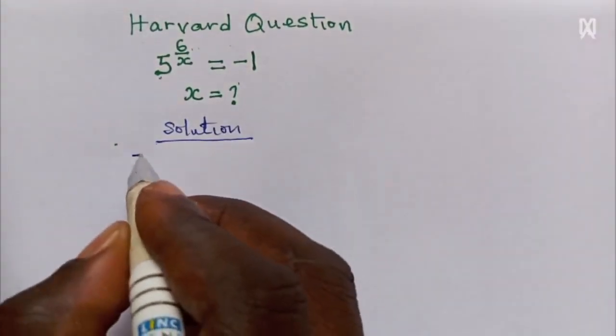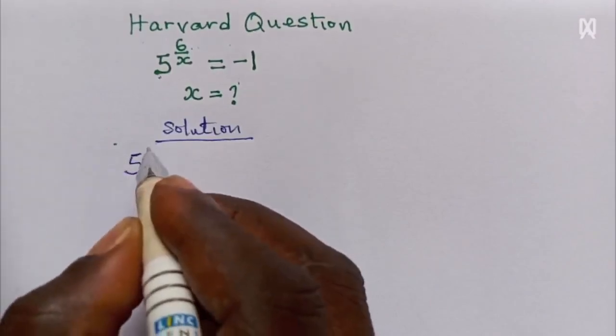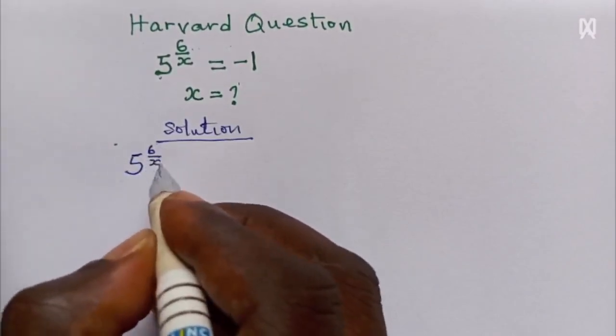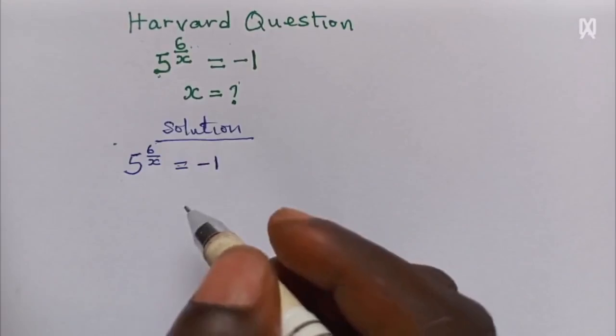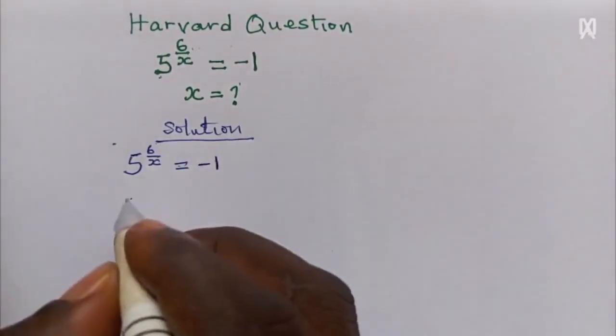So let's start with the question. We have 5 raised to the power of 6 over x equals minus 1. Then what is Euler's identity?